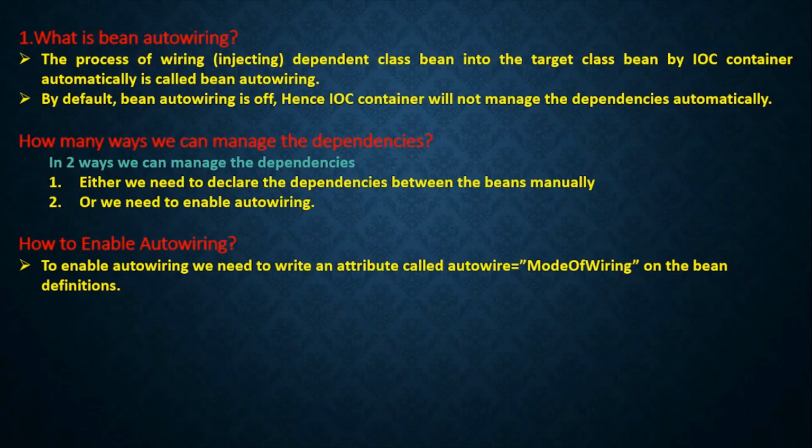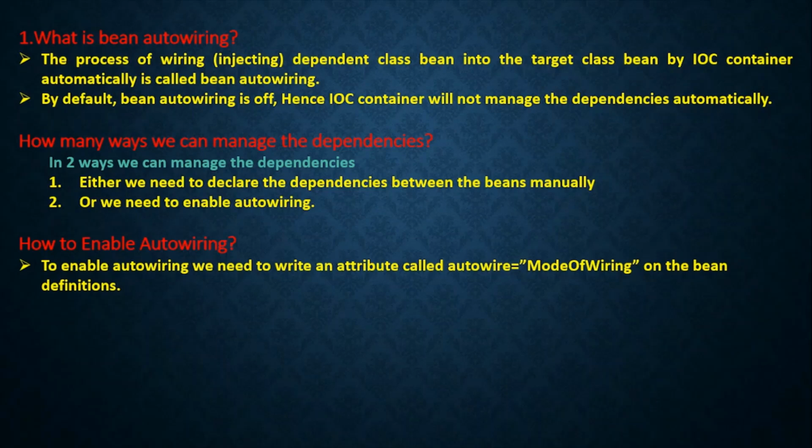Basically there are four kinds of modes: byName, byType, constructor, and autodetect. I will explain through examples, but one of the modes we are going to provide as autowire equals something.